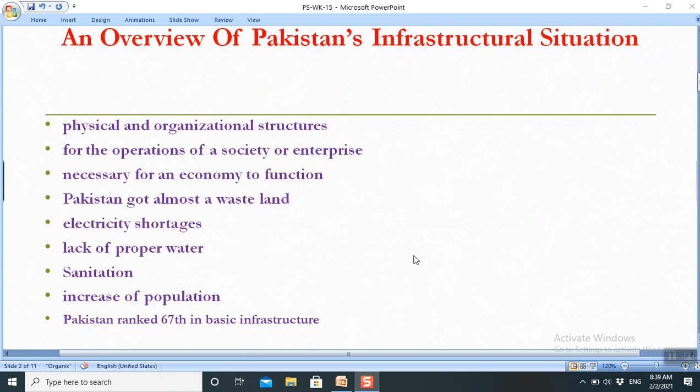Well, infrastructural development is the key to provide the basic necessities to the people, to improve the economy and take the maximum benefit from the natural resources available.